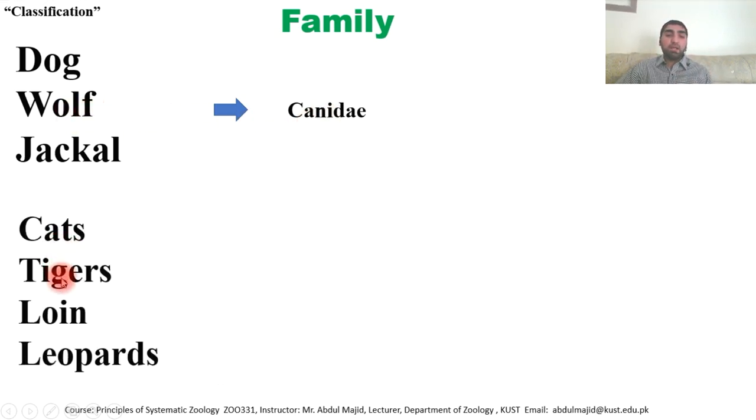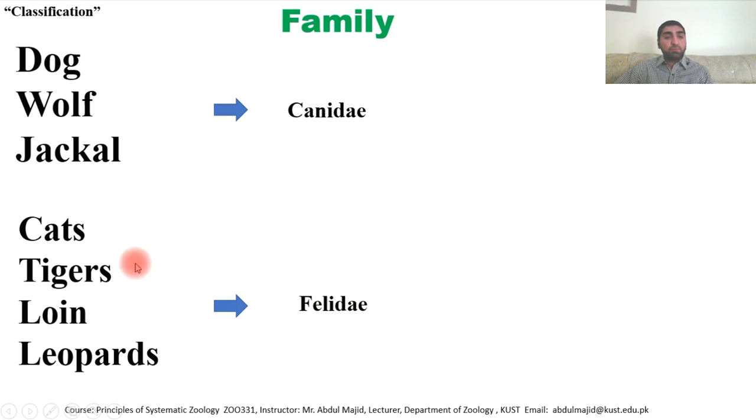And then the cats, the tiger, the lion, the leopard, they belong to the genus Felis, and also to the genus Panthera. But all of these cats, tigers, lion, and leopard have cat-like characteristics, and they are placed in a family that is known as Felidae.